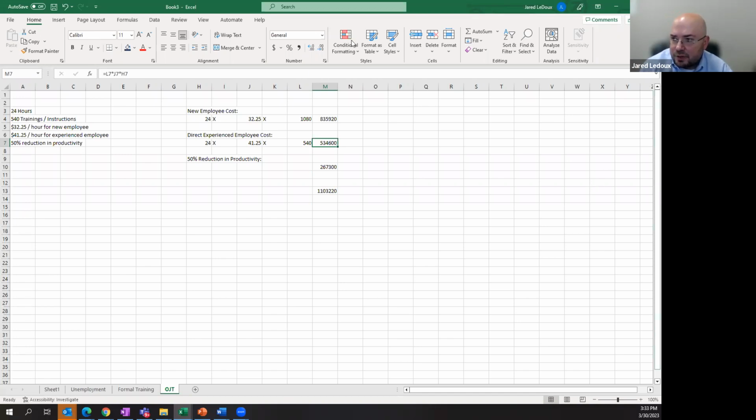And so this number is truly the amount of money that we're paying these experienced employees to be productive, $534,000. But about half of that is the forfeiture of their normal productivity so that we can shift them to train new employees. And so I'm taking the 534,000 and reducing it by 50%.